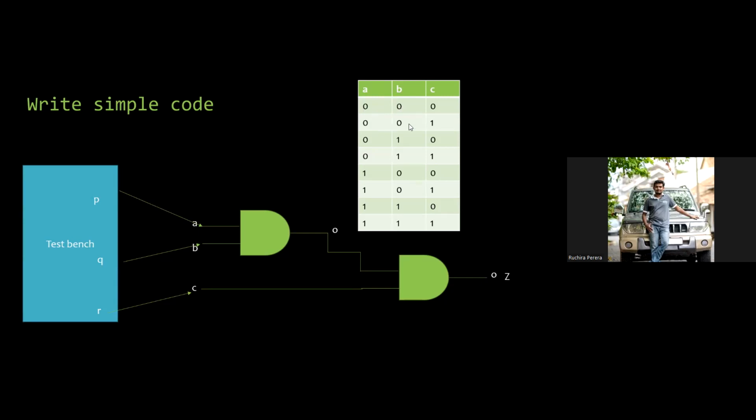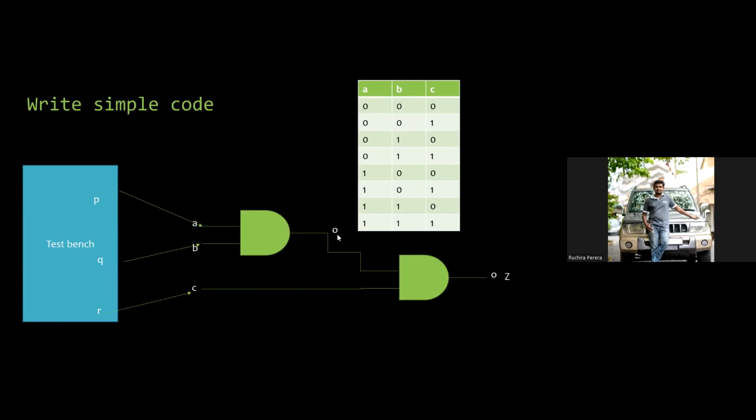0, 0, 0, 0, 0, 1. Likewise, you have to provide this test bench, and it's very similar to the circuit that we just wrote. You can create one AND gate, and inside the test bench, you can create multiple instances. You can create 2 instances, N1 and N2, and then connect them to each other.